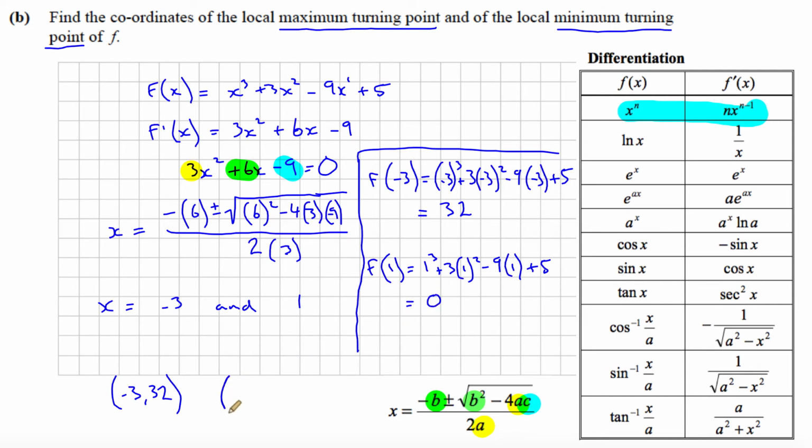So that means the other coordinate is 1, comma 0. And then I can see from looking at these points or imagining them that minus 3, 32 is higher than 1, 0, higher up. So this would be the max. And this one here would be the min. So that's the end of part B.